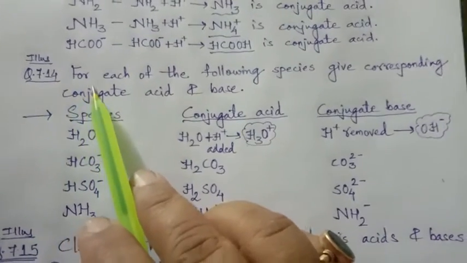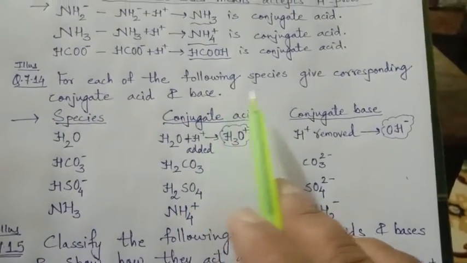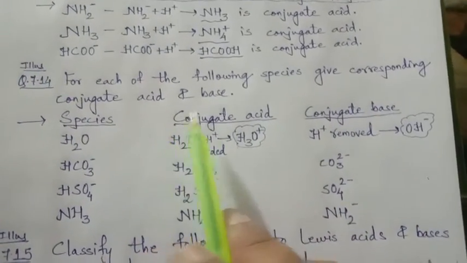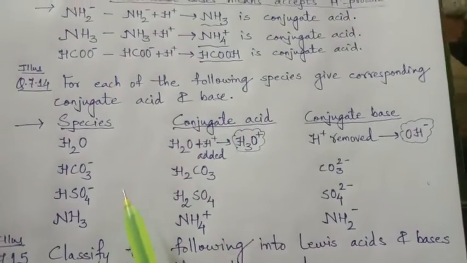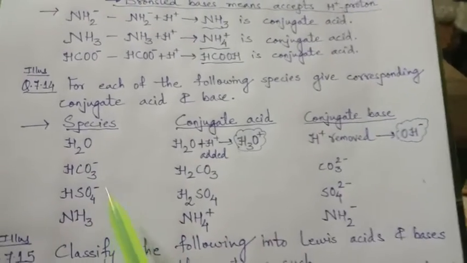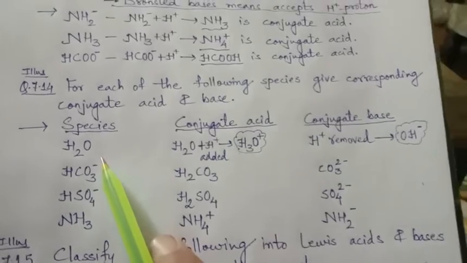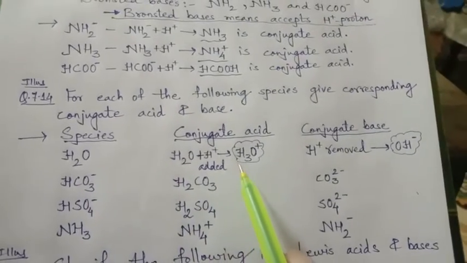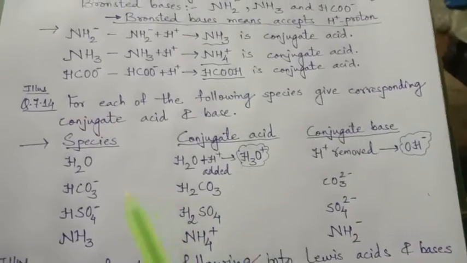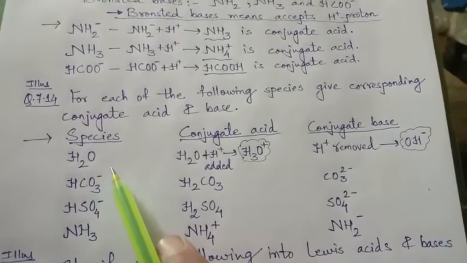Now a new question. For each of the following species, give the corresponding conjugate acid and base. We have different spaces given over here. For the given spaces, we are supposed to find out the conjugate acid and conjugate base. So here is H2O.